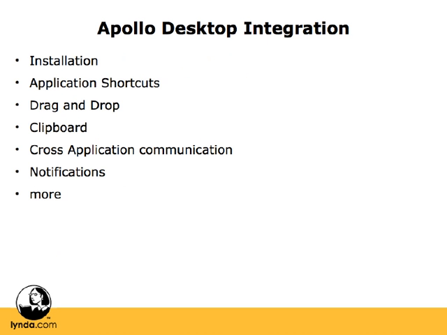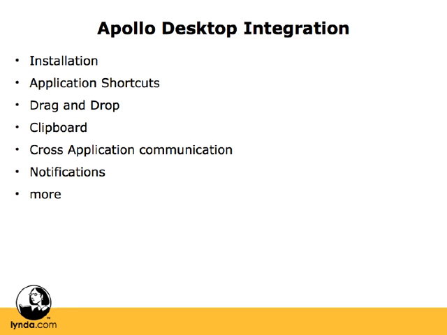Apollo also provides a layer of desktop integration. Apollo applications run on the desktop, and the Apollo team has spent a lot of time ensuring that Apollo applications feel just like native applications. This includes things like how applications are installed and where application shortcuts are placed when they're installed. So for example, on Windows, an application will put a shortcut on the Start menu and maybe on the desktop, and on Mac it'll put it in your Applications folder.